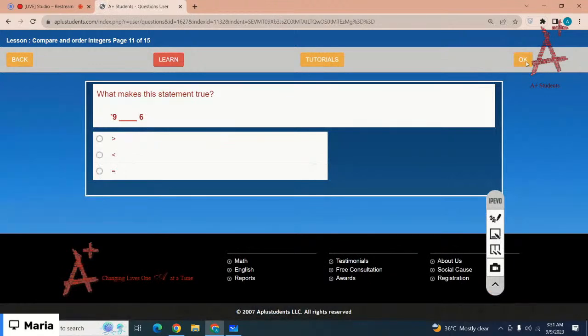Negative 9 and 6. So which is the correct option? The correct one is negative 9 is less than 6.